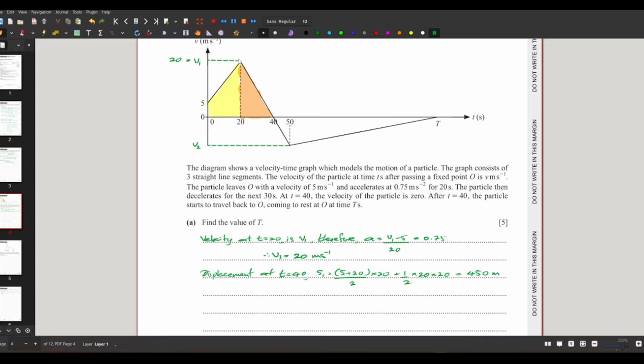So what can we do? You can use this part, the time 20 to 40. You can use that section and find the gradient, and it should equal the gradient from time 40 to 50, because this is a straight line, so the gradient is the same.